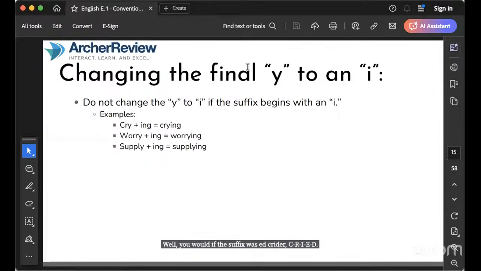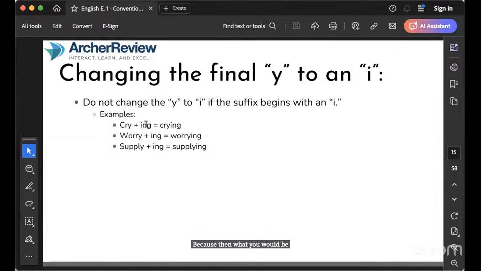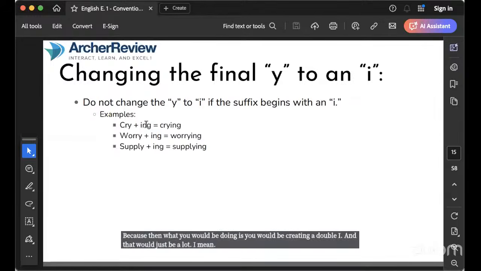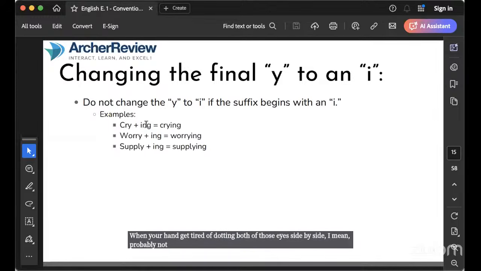However, if the suffix begins with an I, you don't want to drop the Y and change it to an I if you're already adding an I suffix to it. Because then you would be creating a double I. And that would just be a lot. When your hand gets tired of dotting both of those I's side by side, probably not really, but that's how I keep it in my head.